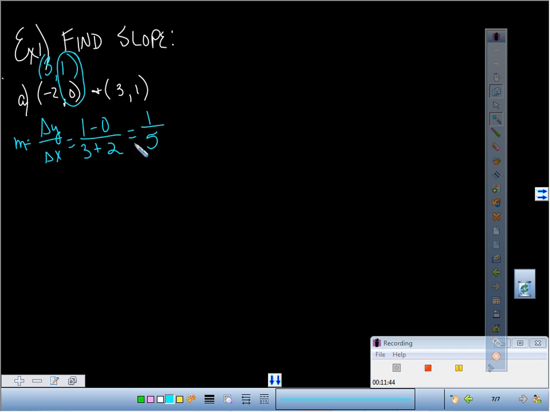Now, here's what I don't want you doing. I see this happening sometimes, especially for kids that don't really like math that much, and maybe it's not their best subject. I see them graphing these 2 points and counting the slope.